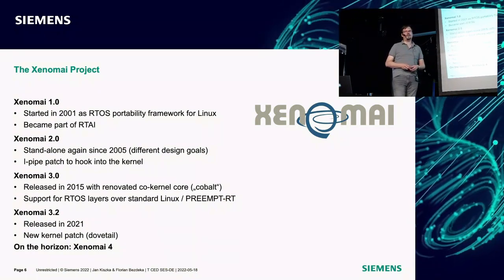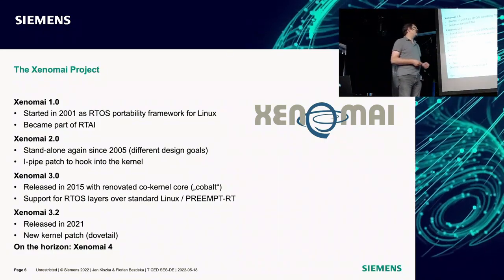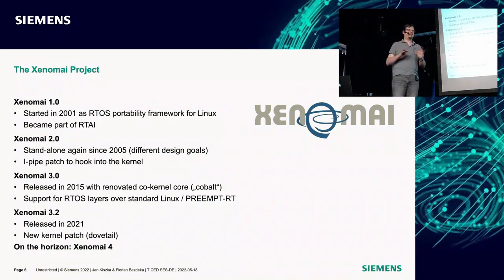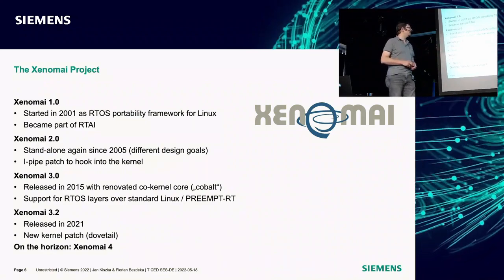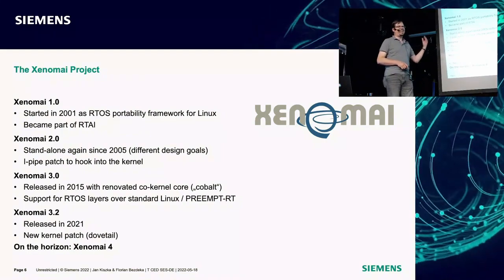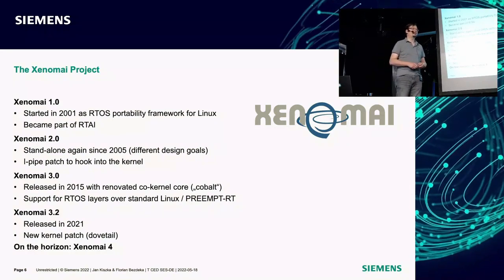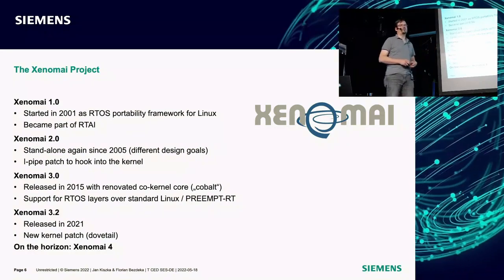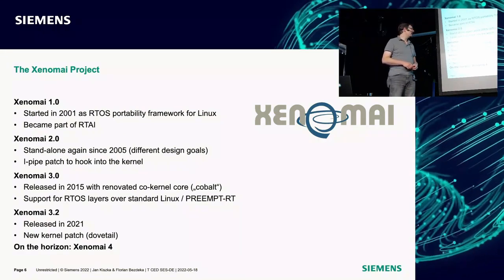In 2005, actually, the projects diverged again. So if you know this from the past, there were the days where Xenomai and RTAI was kind of the same, but then again, the project evolved on its own, while keeping also still a key asset and providing the key asset to this ecosystem, that was the kernel patch that was up from that point on also shared with the RTAI project, but was developed in the Xenomai project.